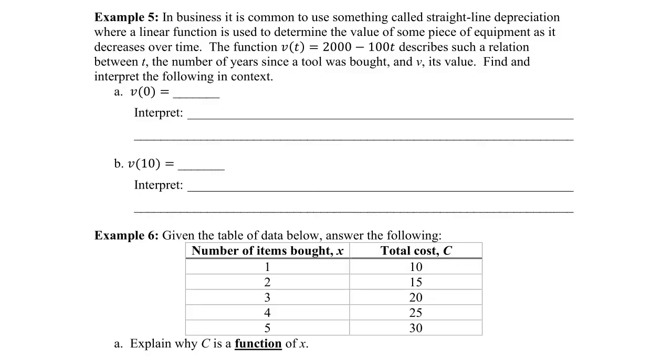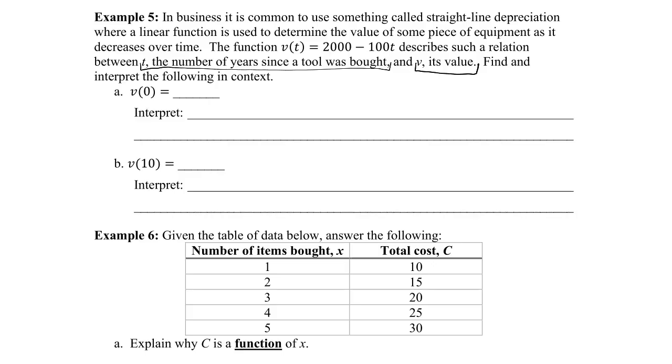So in this example, we have a function v of t, which equals 2000 minus 100t. And we say this describes a relationship between t, the number of years since a tool was bought, and v, its value. So notice the way we're describing these variables. We give the symbol for the variable and then the real world quantity that the variable represents.